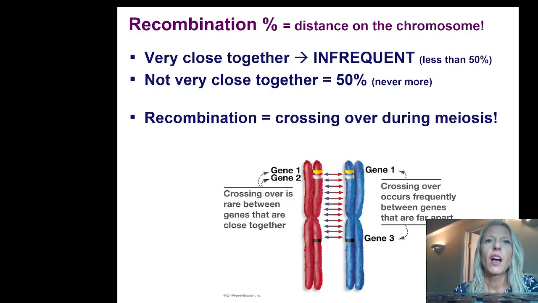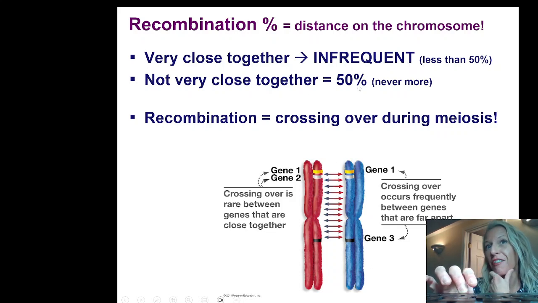Recombination percentage equates to the distance on the chromosome. So if they're super close together, we're going to have infrequent crossing over, and if they're not close together, we have over 50% chance.